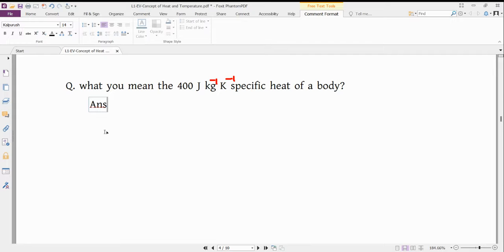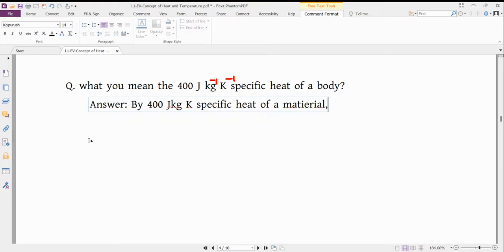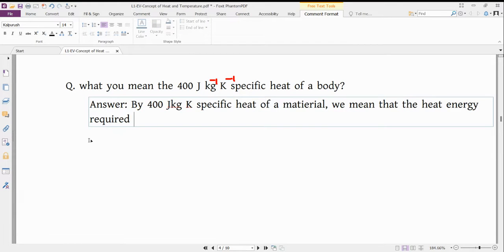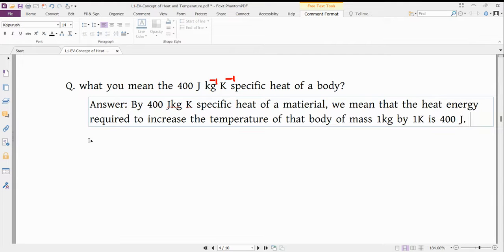We can write that by 400 joule per kg per Kelvin specific heat of a material, we mean that the heat energy required to increase the temperature of that body of mass 1 kg by 1 Kelvin is 400. That's a very simple answer.